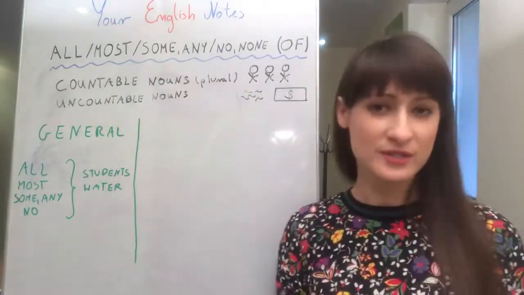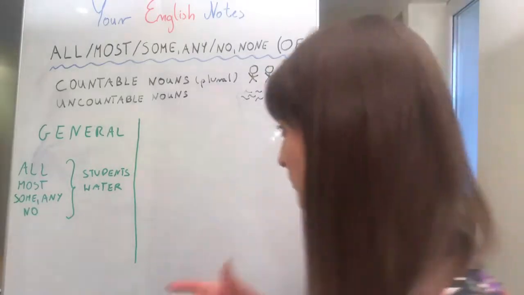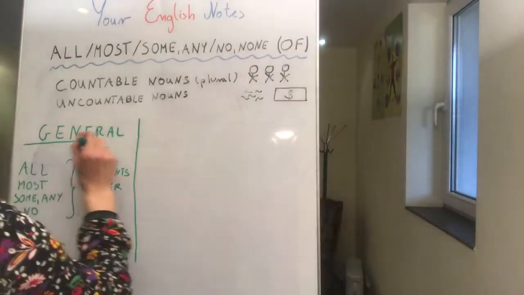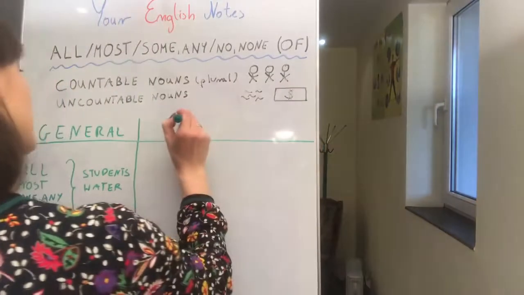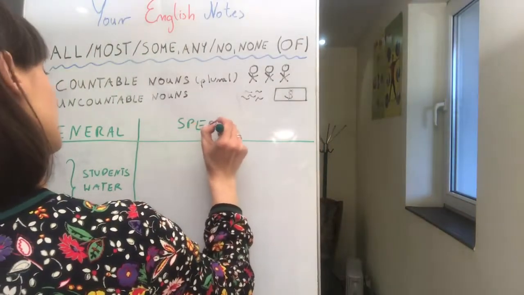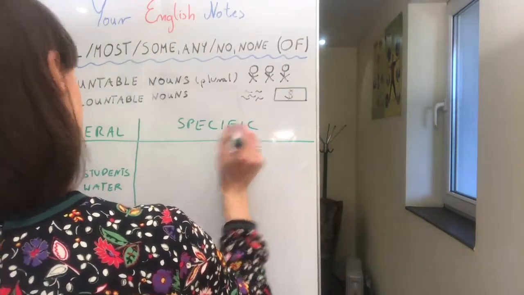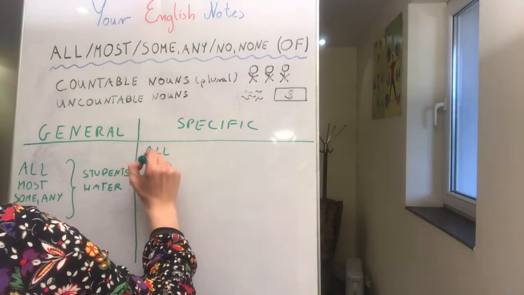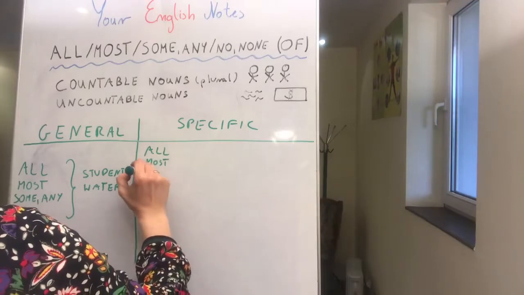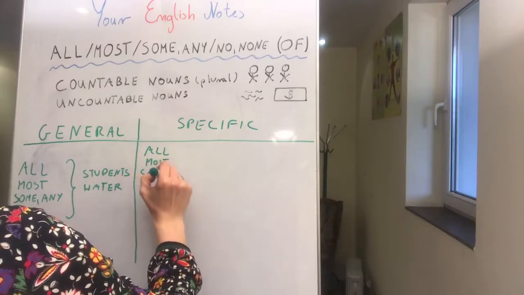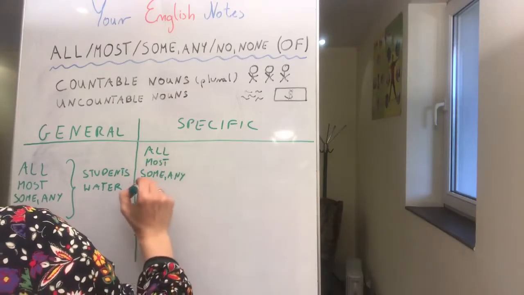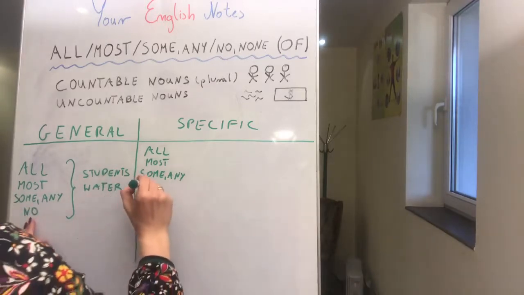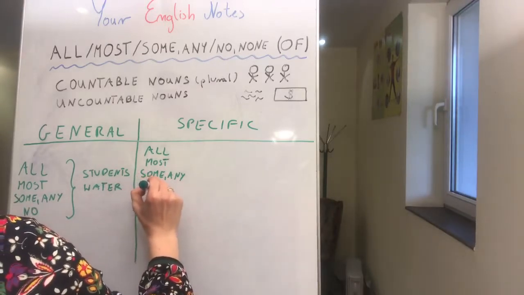But when we are talking about something specific or someone specific, let's draw it like that. So here we'll have specific. And I will one more time write these words. Some and any. And this time, instead of no, we will use none.